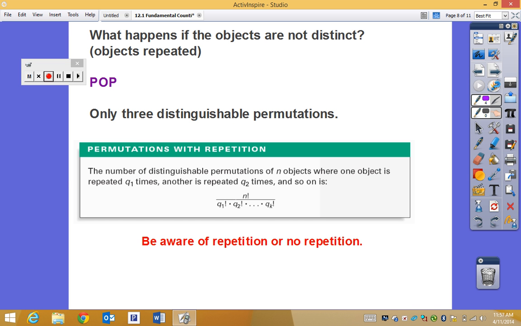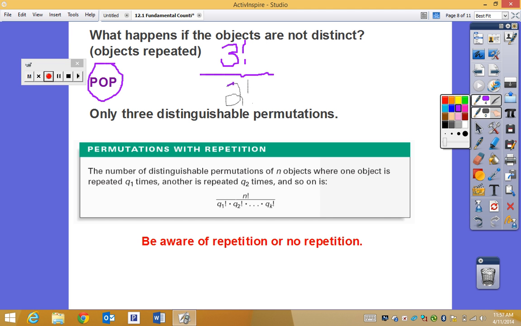The way that it works is there are 3 letters, 3 choices, so that's going to be 3 factorial. And we divide that by how many different letters repeat. I have 1 letter, but that letter is repeating twice, so I'm dividing by 2 factorial. So that's 3 factorial divided by 2 factorial.